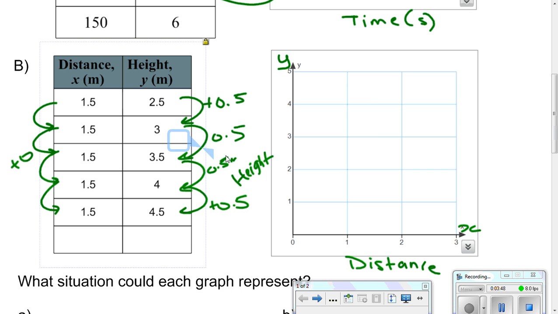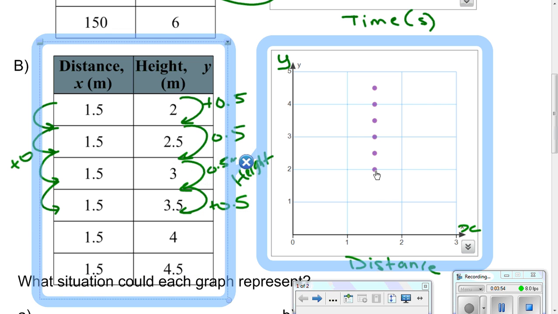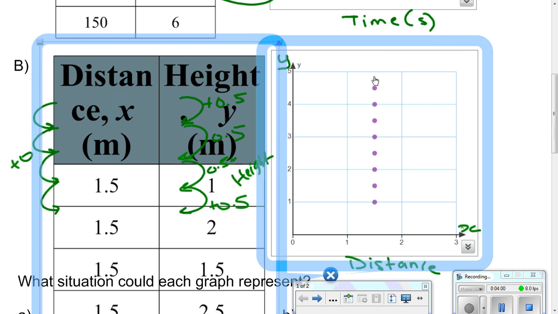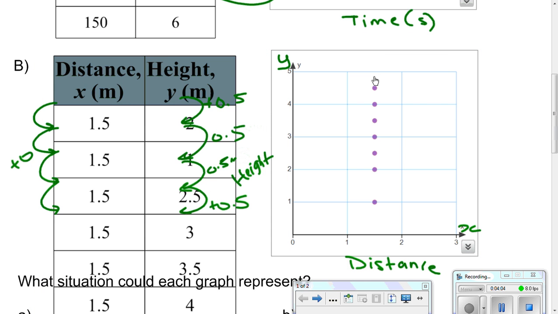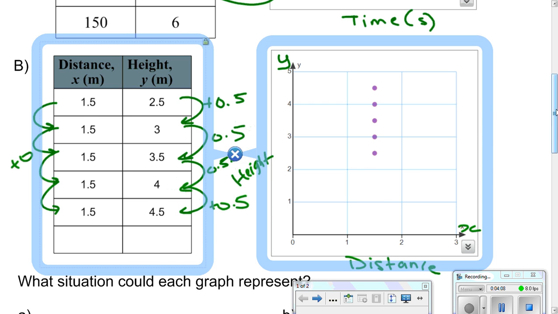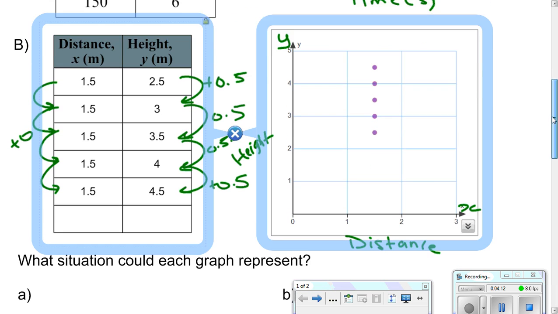No matter what, if I add another point, it's at a distance of 1.5 meters, but the height changes. So just a couple different data sets, so we can have either a horizontal line or a vertical line.